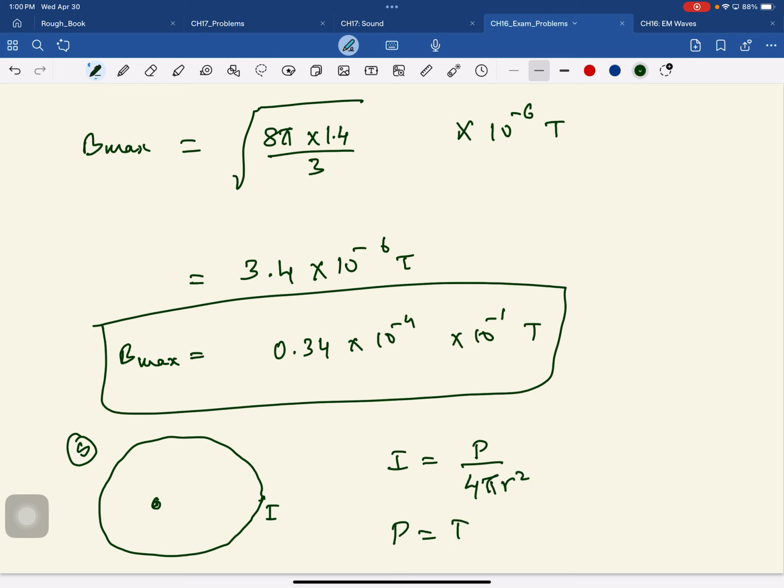Power is intensity times 4 pi r square. And intensity was 1400 watts per meter square, 4 pi, and Earth-Sun distance was 1.5 times 10 to the 11 meters squared.